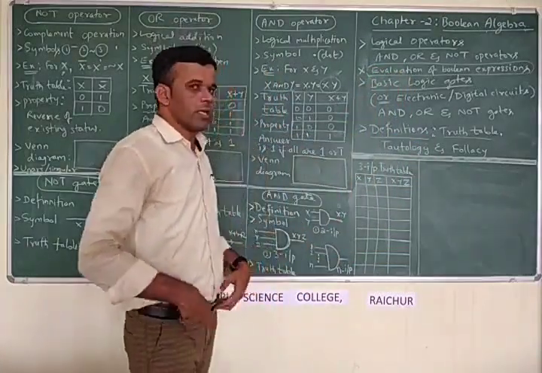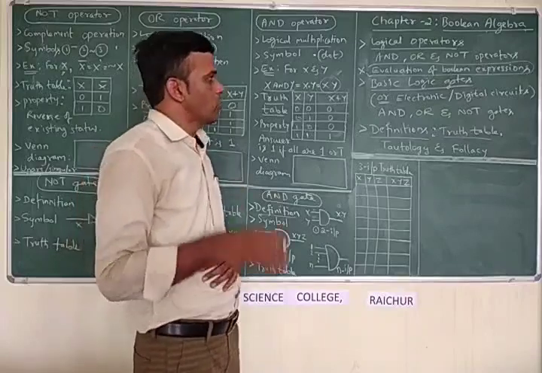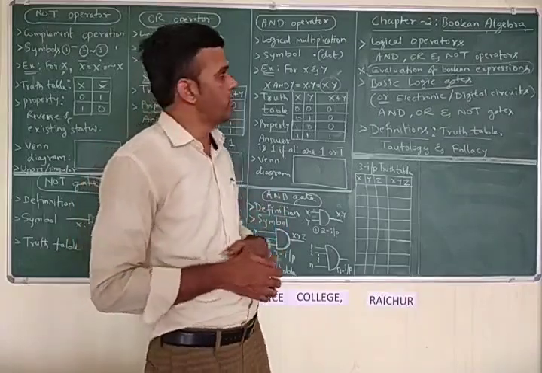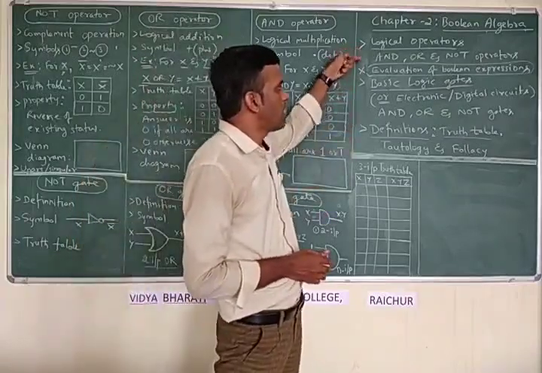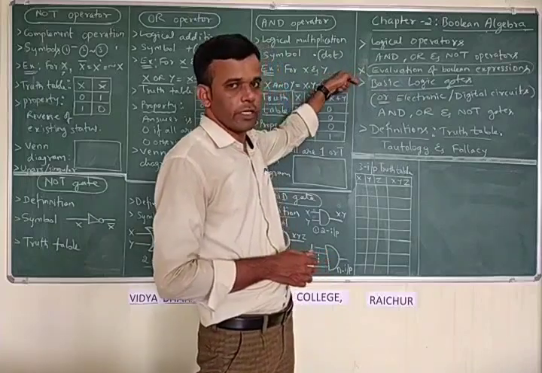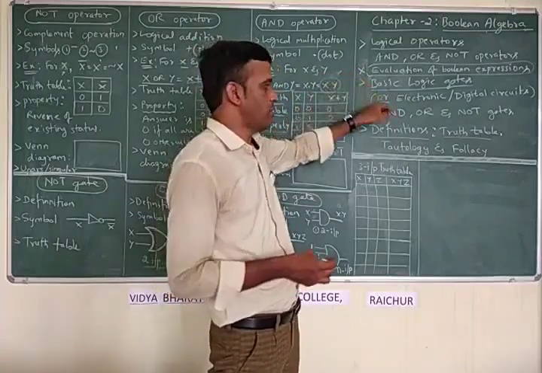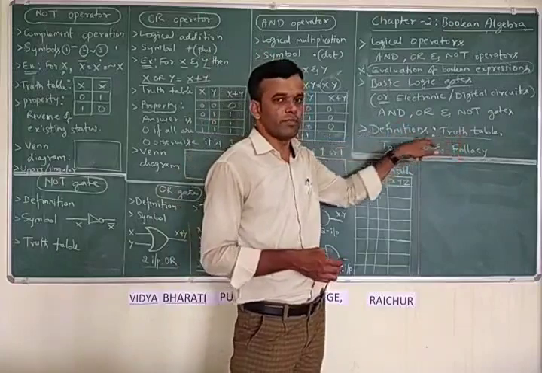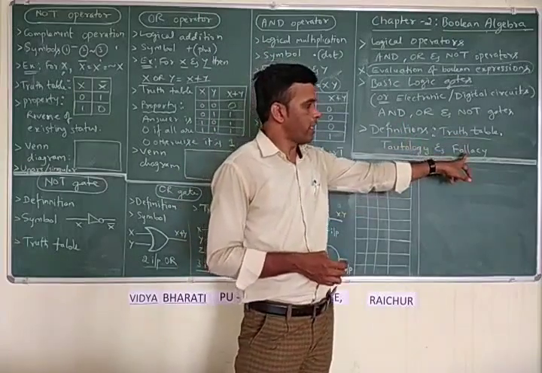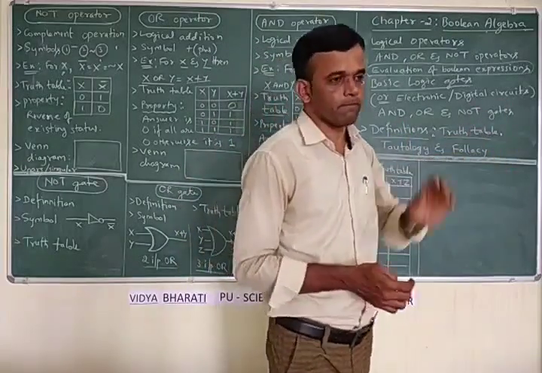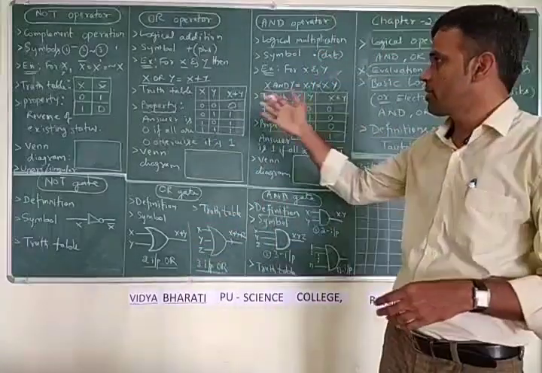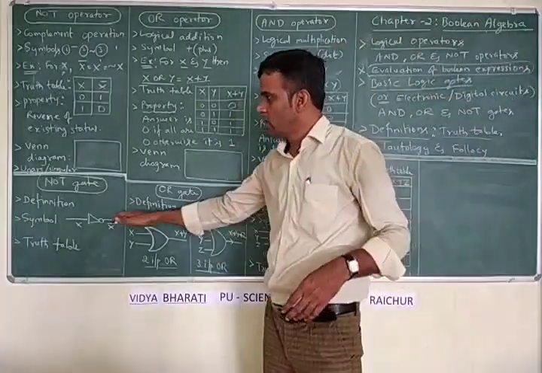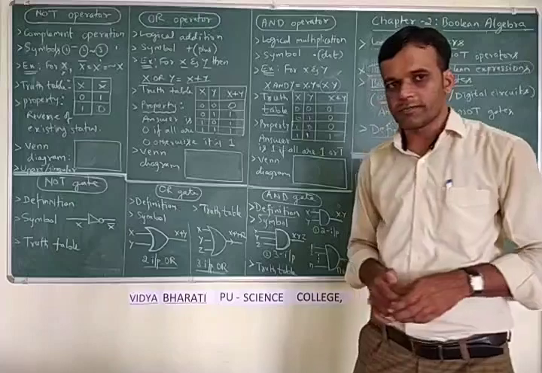We will see that in the next video class. In this class we will see logical operators, immediately logic gates, and some definitions of truth table, tautology and fallacy. First we will see the operators, then logic gates.